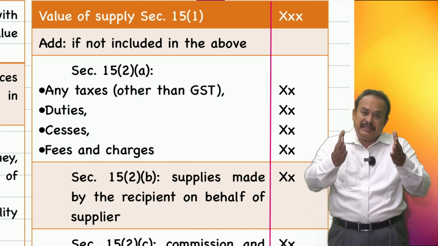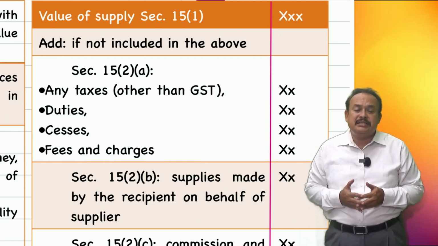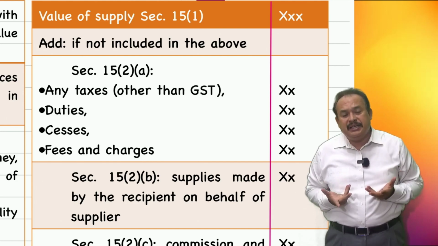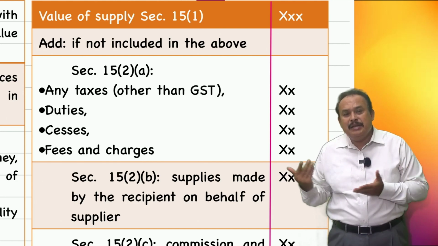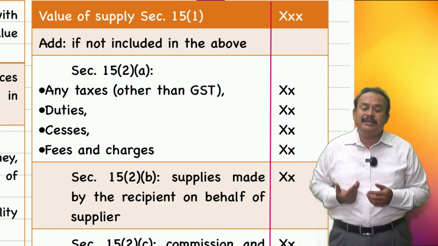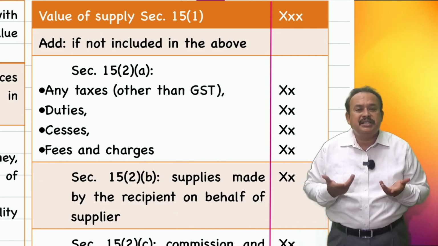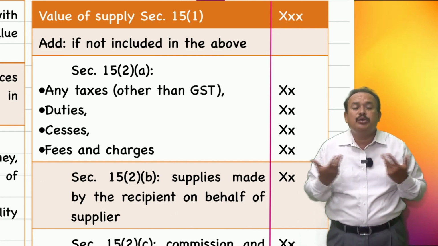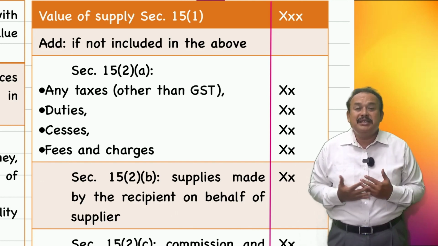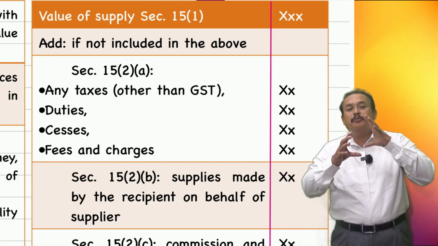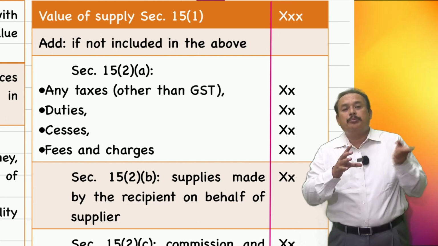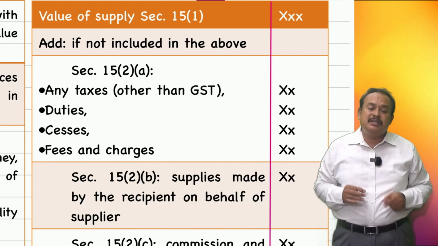If the given value is already inclusive of taxes which are qualified for ITC, then you have to eliminate them. That means GST taxes should not be taxed again, because GST taxes are qualified for input tax credit.